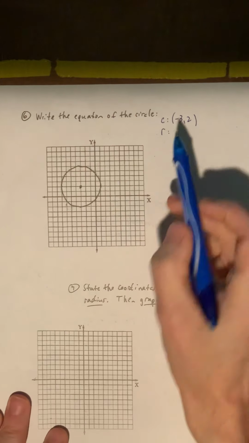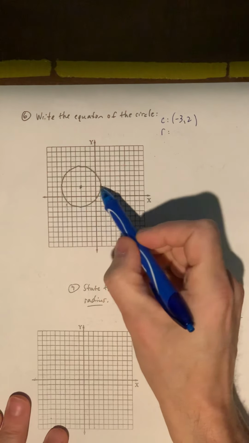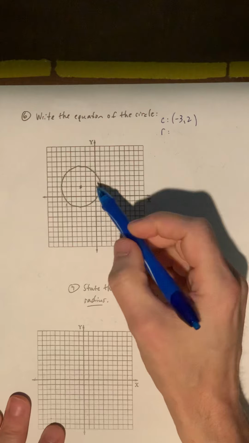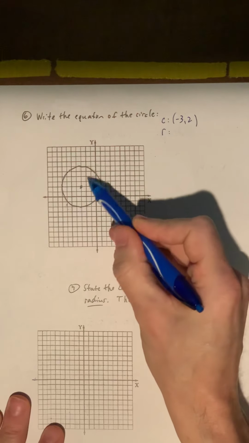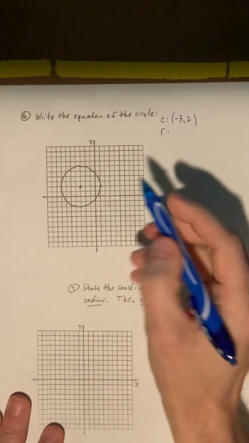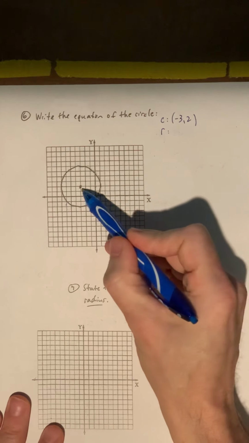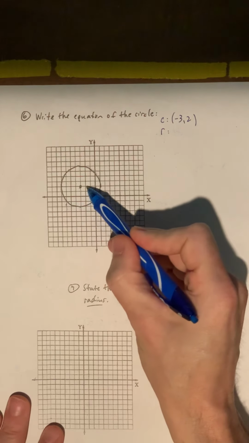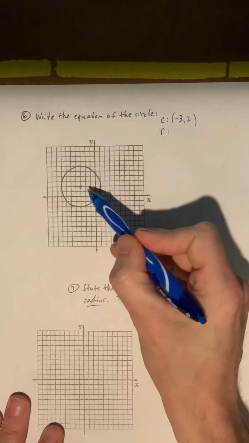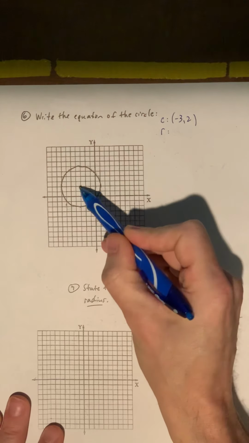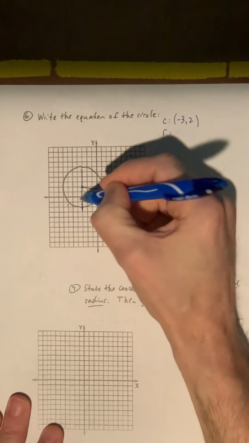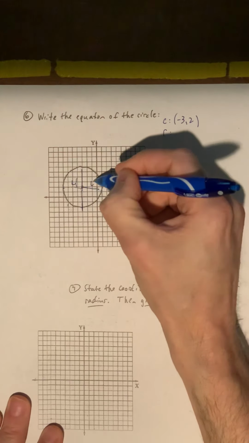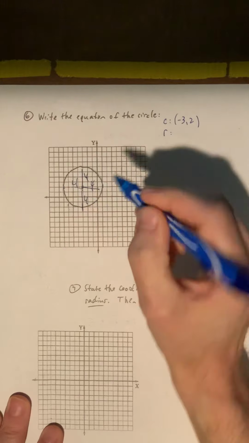And now for the radius, just count from the center to the edges of the circle. I would go horizontal, vertical. You don't want to count diagonal and have to figure that out. So either way you count, you can tell that the radius is 1, 2, 3, 4. Or you can go down 4, or left 4, or up 4. So either way you go, the radius is 4.